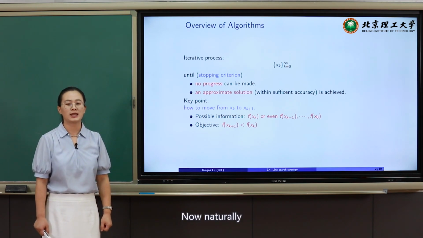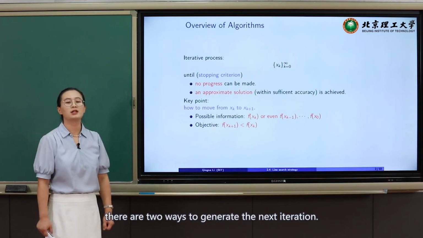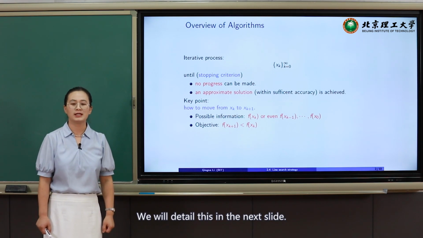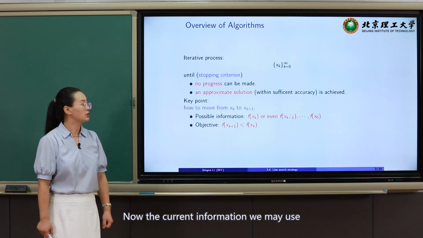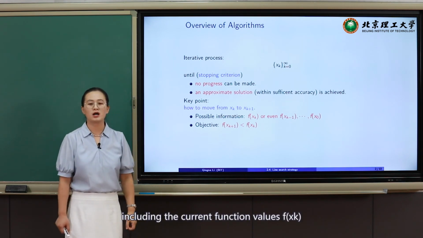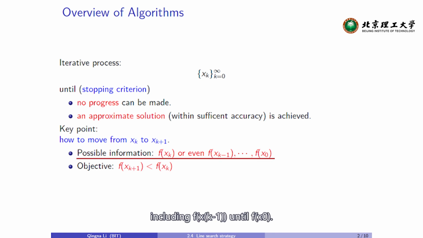Now, naturally, there are two ways to generate the next iteration. We will detail them in the next slides. The information we may use includes the current function value f(xk), or even more previous function values, including f(xk minus 1) until f(x0).